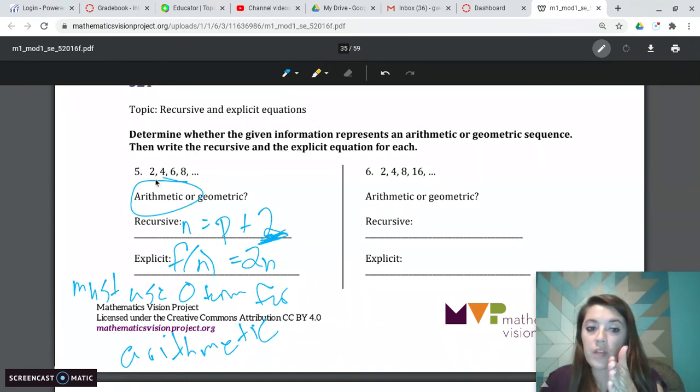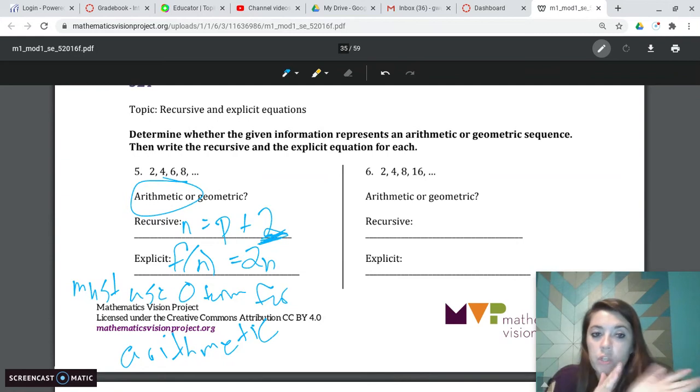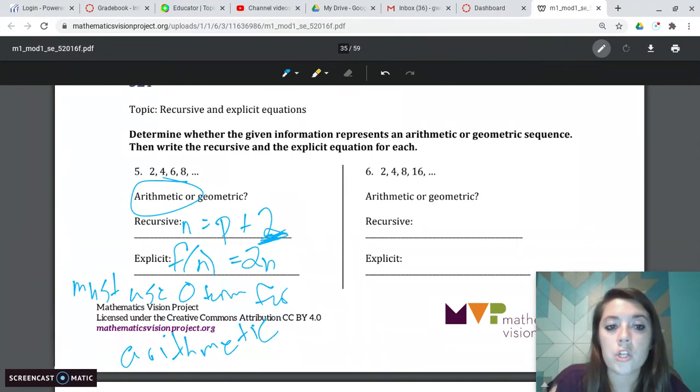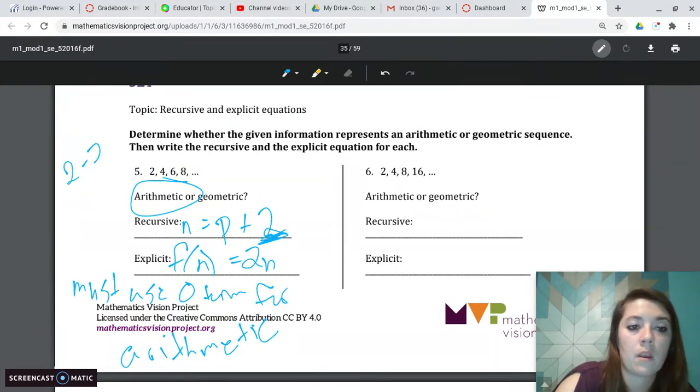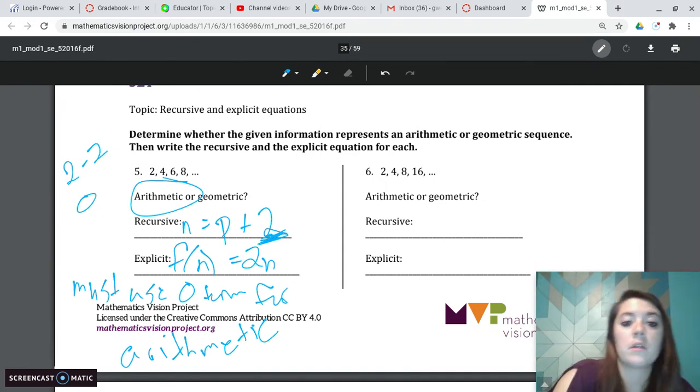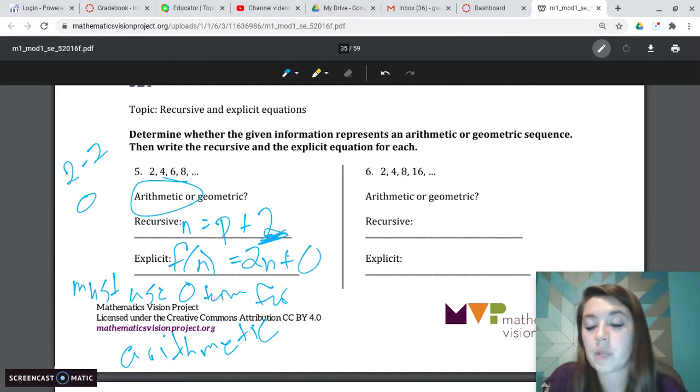If we're moving to the right in our sequence, it's going up. So to go backwards 1, we're going to have to subtract. So 2 minus 2 is 0. So our 0 term is 0. So we can write 2n or we can write 2n plus 0.